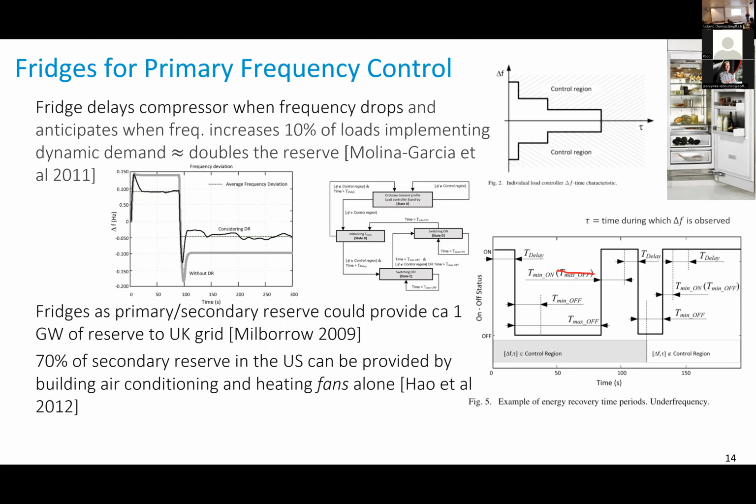And the idea was, at the time scale of primary frequency support, then you could play with that. For example, if there is all of a sudden a power imbalance due to loss of a generator, you could instruct all fridges to not do what they were planning to do now, but postpone it by 1 or 2 minutes. For most fridges, it will be good enough. Most fridges are closed. Of course, sometimes you open them, but most of the time they are closed.